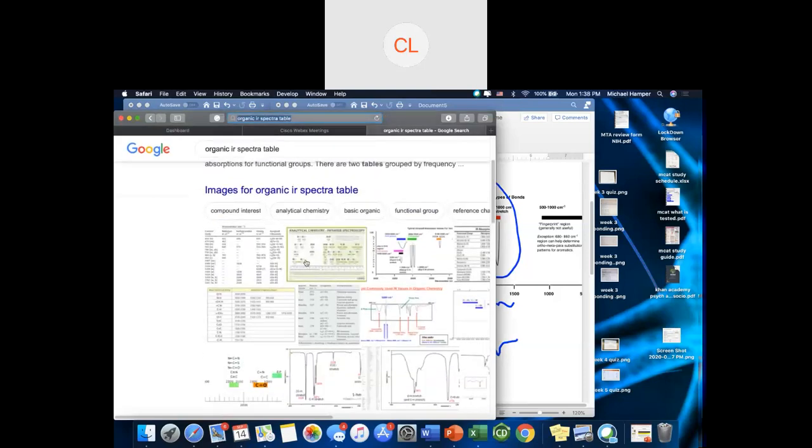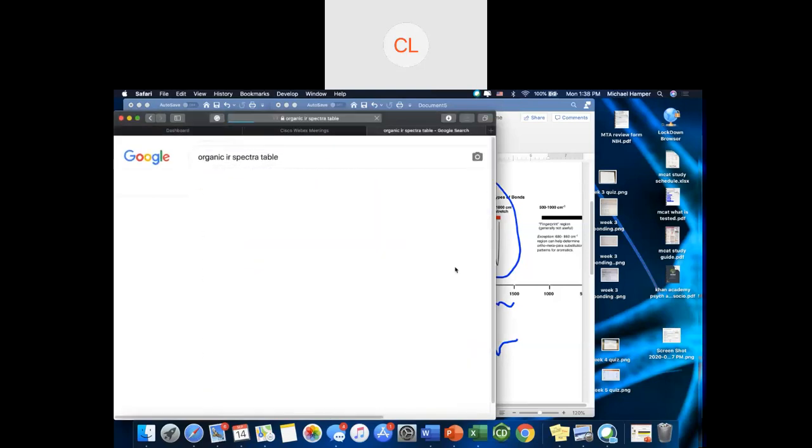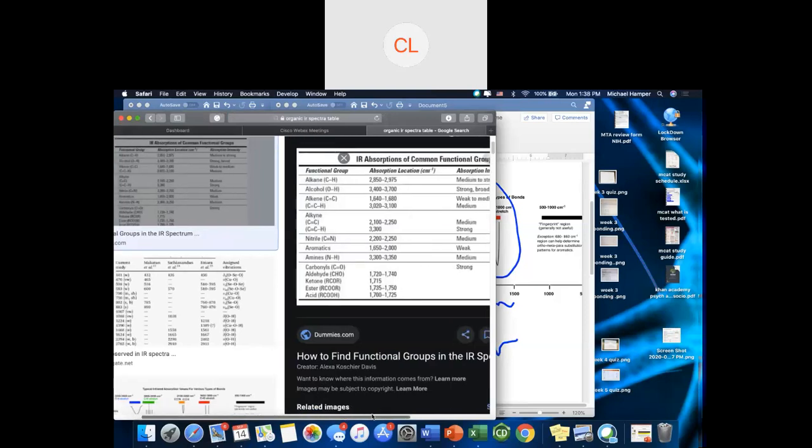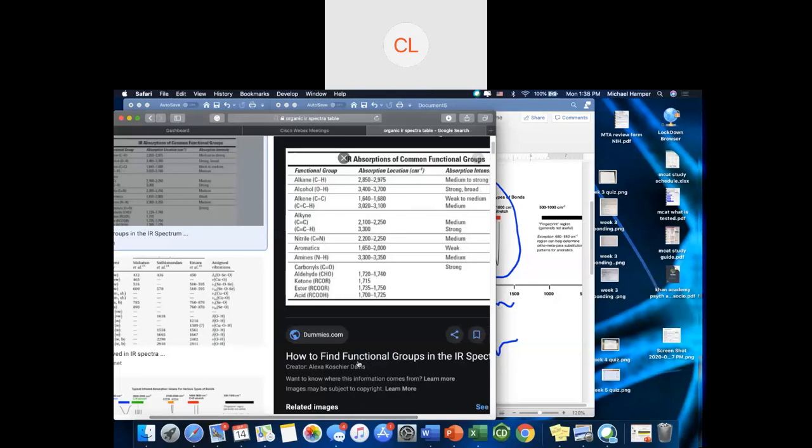One that would be similar to something you would see on the exam is something like this. I don't remember if it told you the strength, and the strength just indicates how far down the peak is, but it'll give you the name of the group and where you would expect to see a peak.